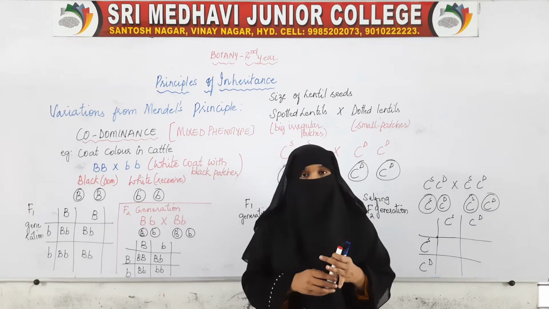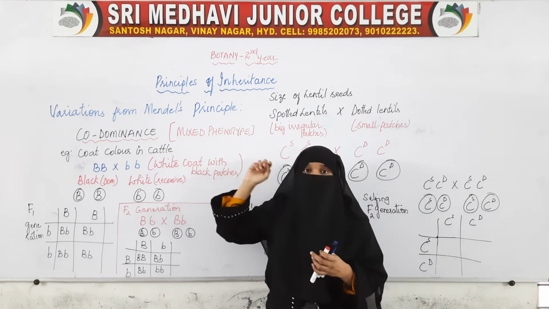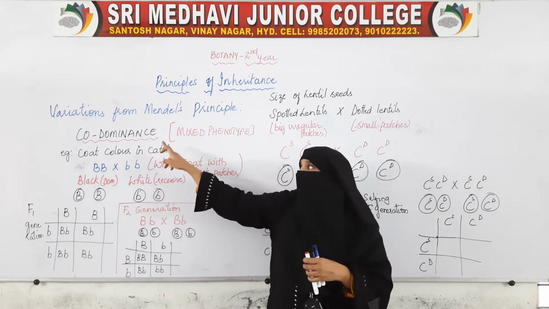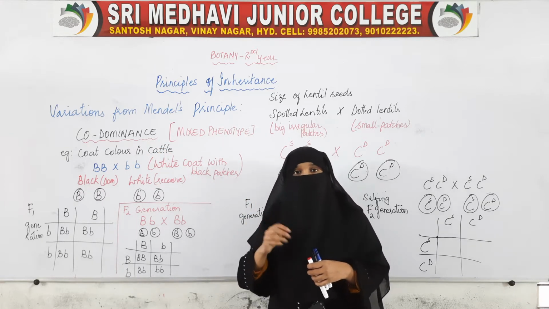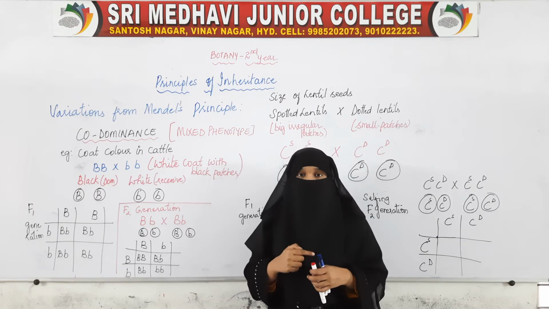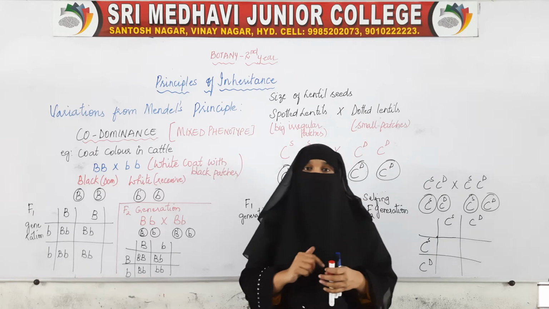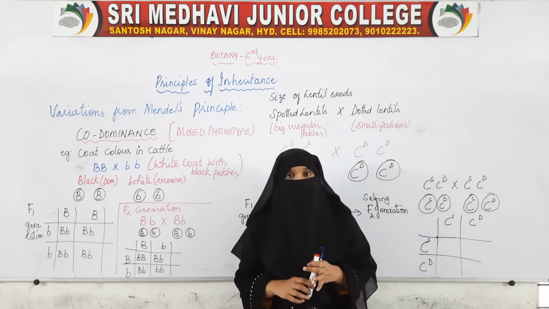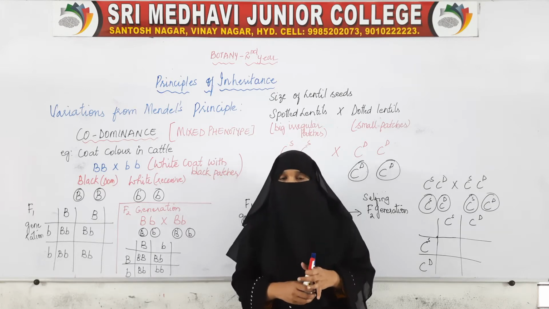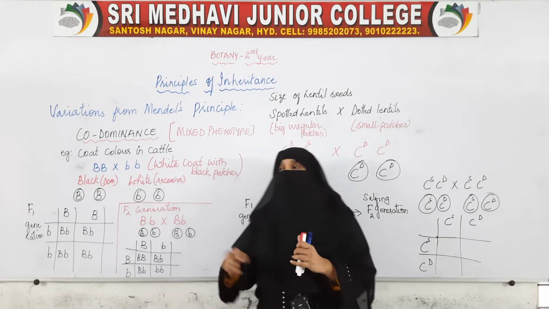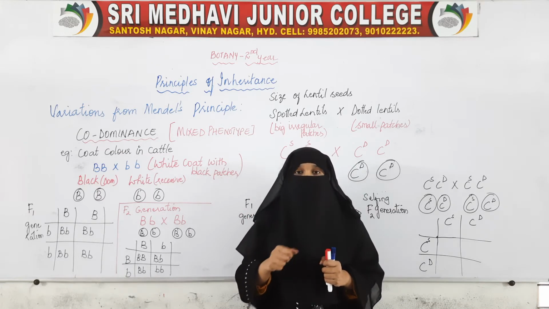But in this variation, both characters are able to dominate at the same time. Both of them are expressing, whereas in Mendel's, only one parental character was expressed in the F1 generation.